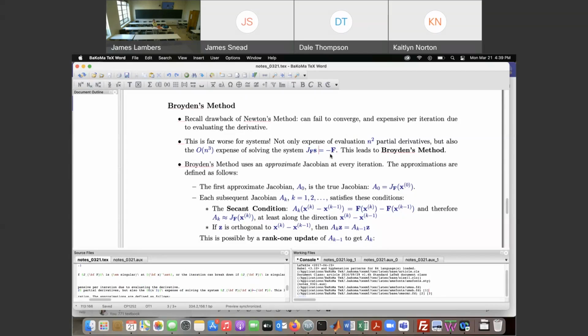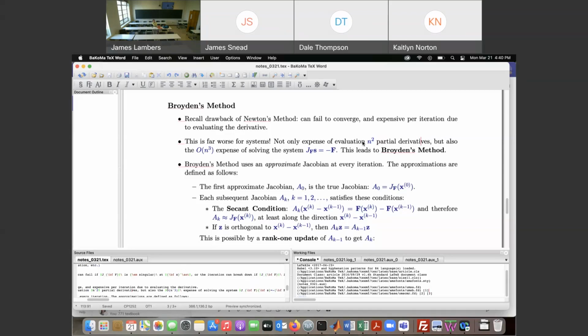Now, there is always the possibility of the secant method. In the secant method, you're replacing the derivative computation by a difference quotient involving the previous two iterates. You can try that here also. Instead of evaluating the exact partial derivatives, in other words, using formulas for derivatives of your original function f, you could do the same kind of difference quotients.